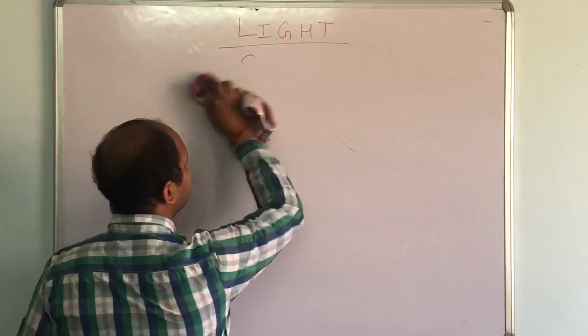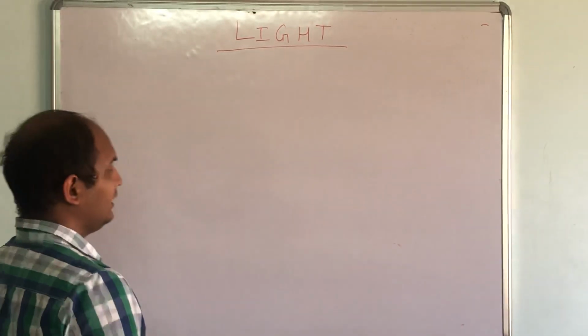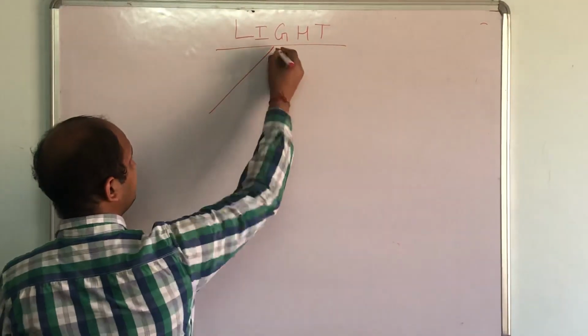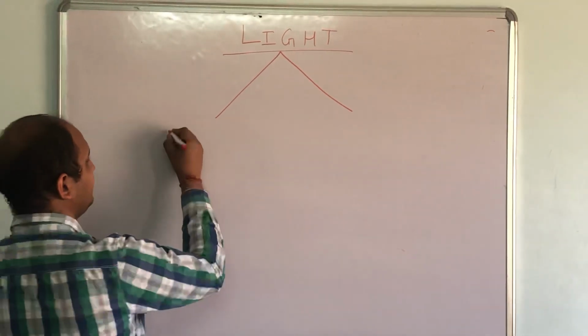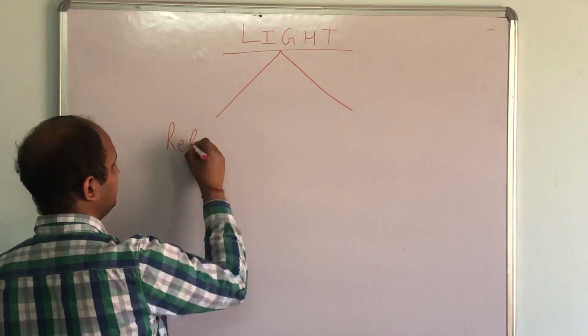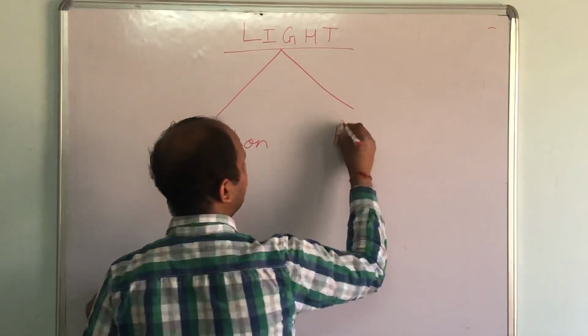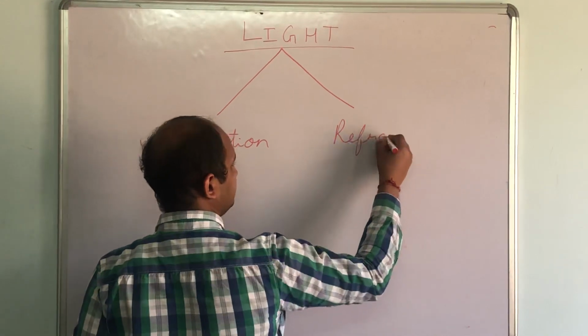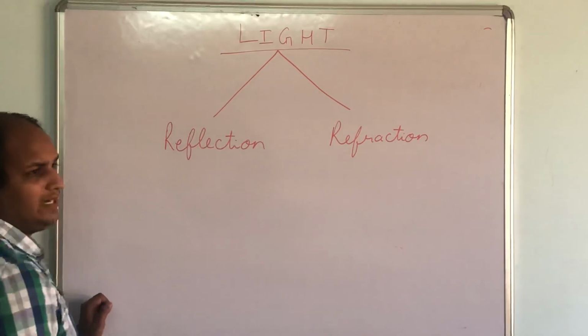Next topic is quite important, that light basically has two processes, that is, one is reflection or refraction. What do you mean by reflection?